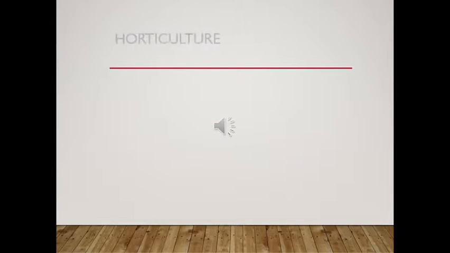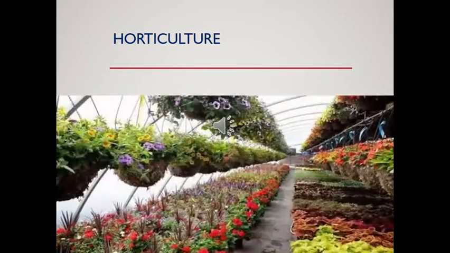Then we have horticulture, growing vegetables, flowers and fruits for commercial use. Horticulture is the agriculture of plants mainly for food material, comfort and beauty for decoration.